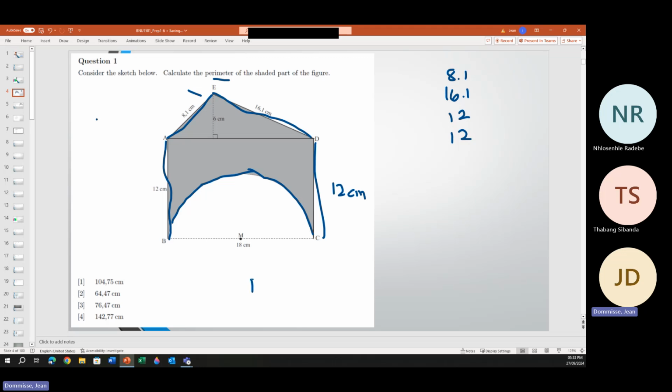So remember, perimeter of a circle is 2 pi radius, but that would be for a whole circle. We're only working with half of it, so we will need to divide by 2. So for that half circle, the perimeter is 2 pi radius divided by 2.